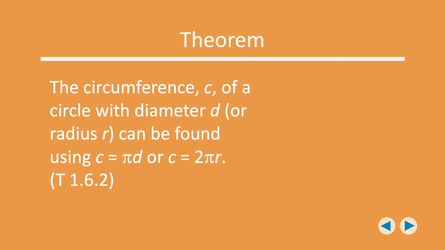The circumference of a circle with diameter d, or the radius, can be found using either one of these formulas. If you're given the diameter, you can use this first one that I am boxing up. And if you are given the radius, you can do this. So it's 2 times the radius times pi. It just looks prettier when you put the 2 in front of the pi.